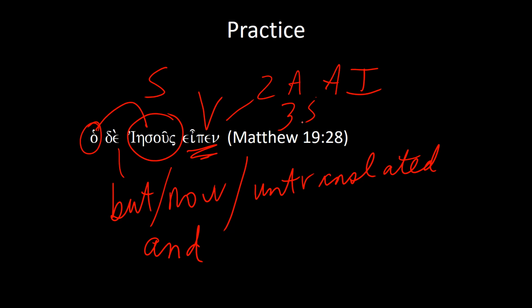Now you would never guess this, but you'll come to know it. It's from lego, I say or I speak. Actually, what's going on is this is a form for a different verb that basically lego adopted as its past tense form. So we'll parse it out this way. It's a second aorist, active indicative, third singular, from lego, I say or I speak. This phrase means, but Jesus said.